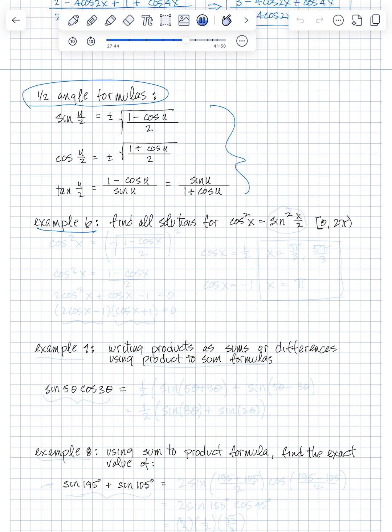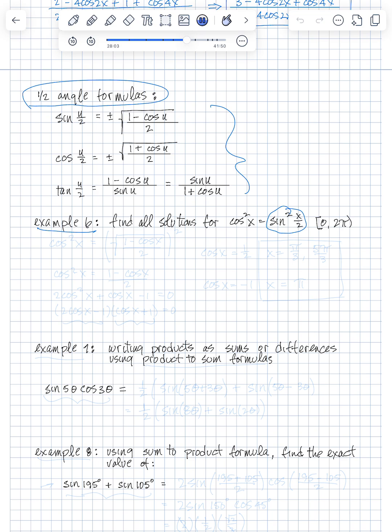So we want to change this sine squared of x over 2, and we're going to use the sine u over 2 formula, but we're going to square both sides. So let's rewrite the equation.